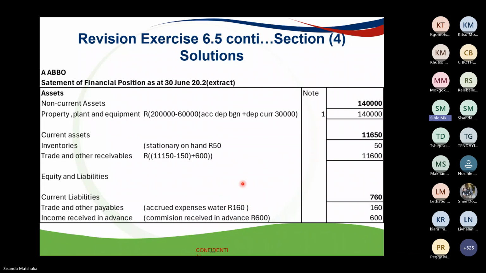That amount we show here as it is shown in the additional information. And then below that, you are told that there was a commission received in advance, which amounts to 600. Because those people who are owing, we cannot say it belongs to us. So in that case, we put it as a current liability of 600. So the total will make it 760.